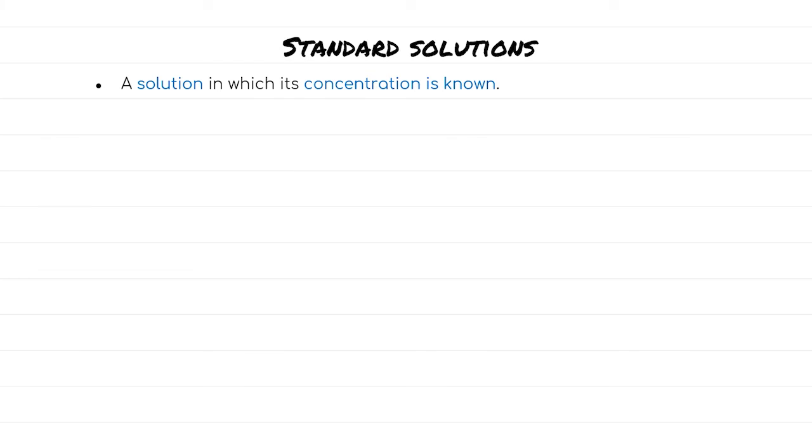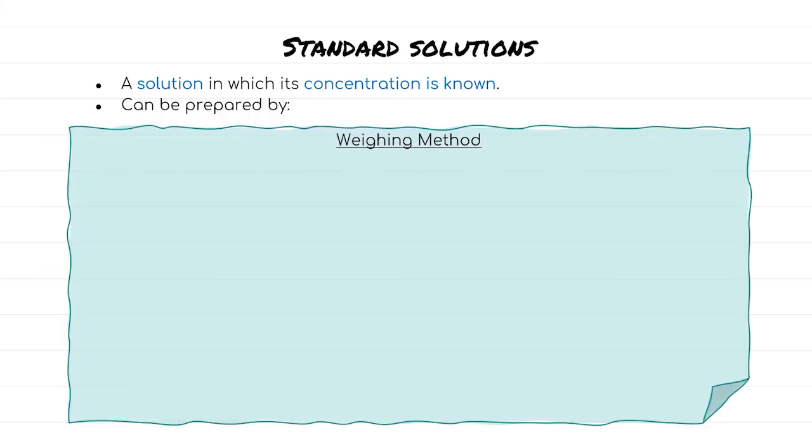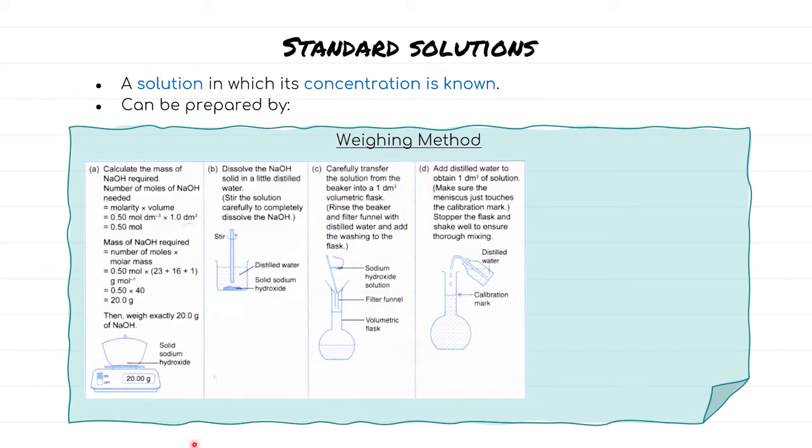Here we are going to look at how to prepare a standard solution. A standard solution is a solution whose concentration is known, so it can be prepared by the weighing method. This is an experiment. We weigh the sodium hydroxide, and then dissolve it in distilled water.